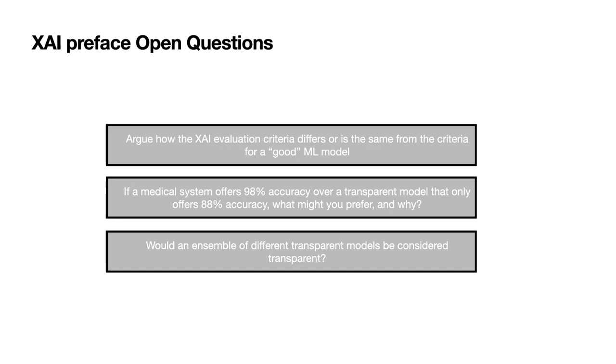This is a question that often comes up on various forums. If you have a medical system that's giving you 98% accuracy, but is not understandable by anybody, including the clinicians, versus a transparent model that only gives you 88% accuracy, what would you prefer and why?